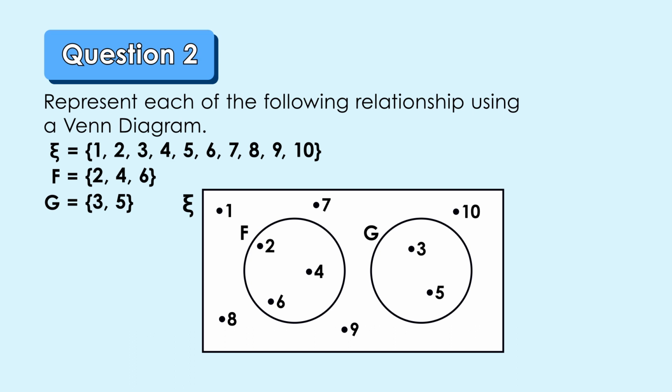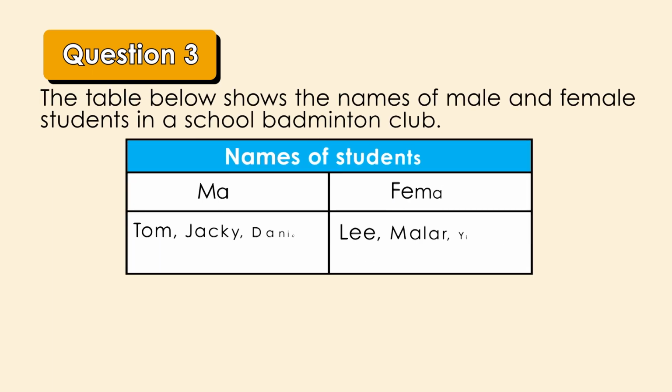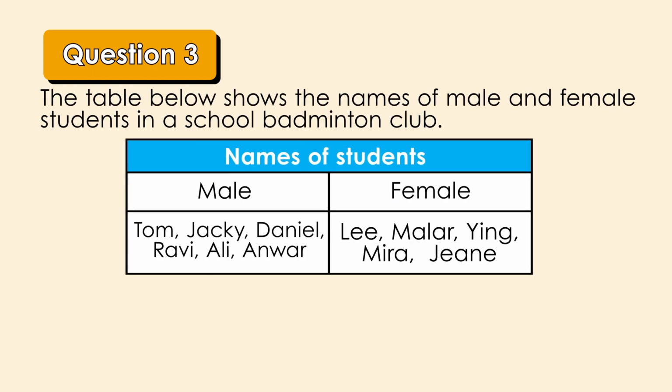Let's look at another question on set. So pupils, are you ready with your stationery and book? Here you go. The table below shows the names of male and female students in a school badminton club. Given that all the female students and Jackie wear spectacles.